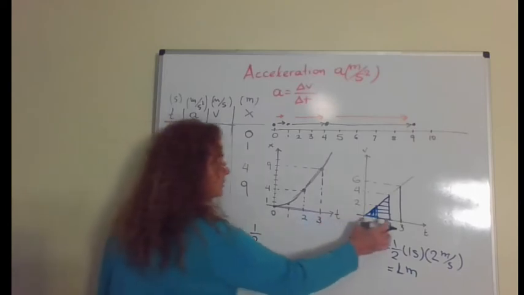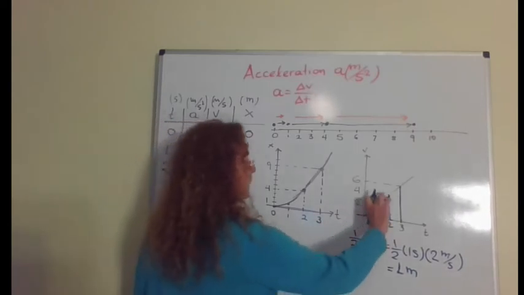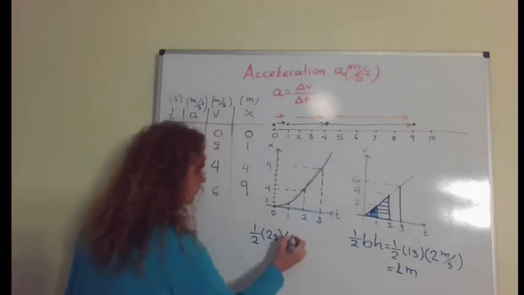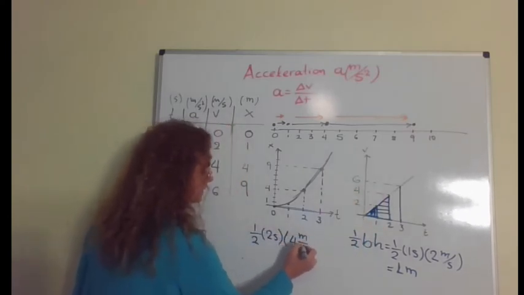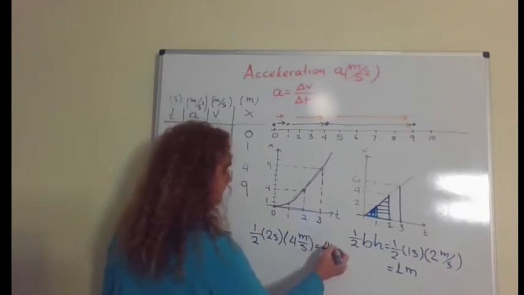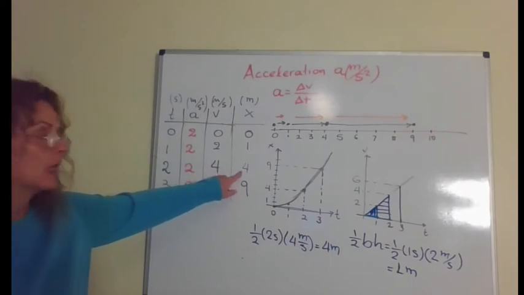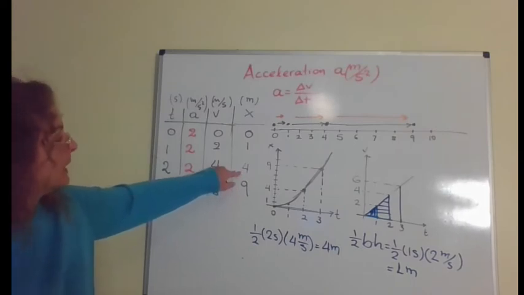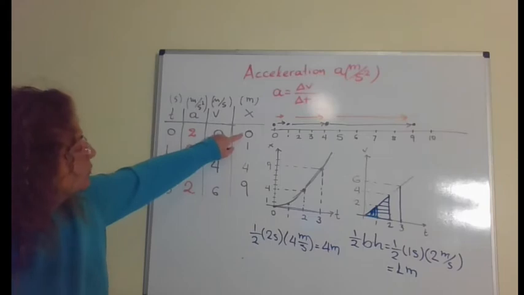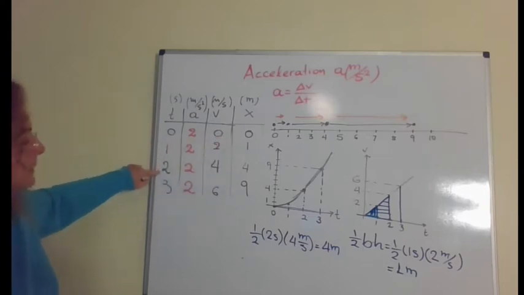The base now is 2 seconds. And the height now is 4 meters per second, which gives me 4 meters. I found it. Okay, 4 meters is the displacement from the initial position for the first 2 seconds.